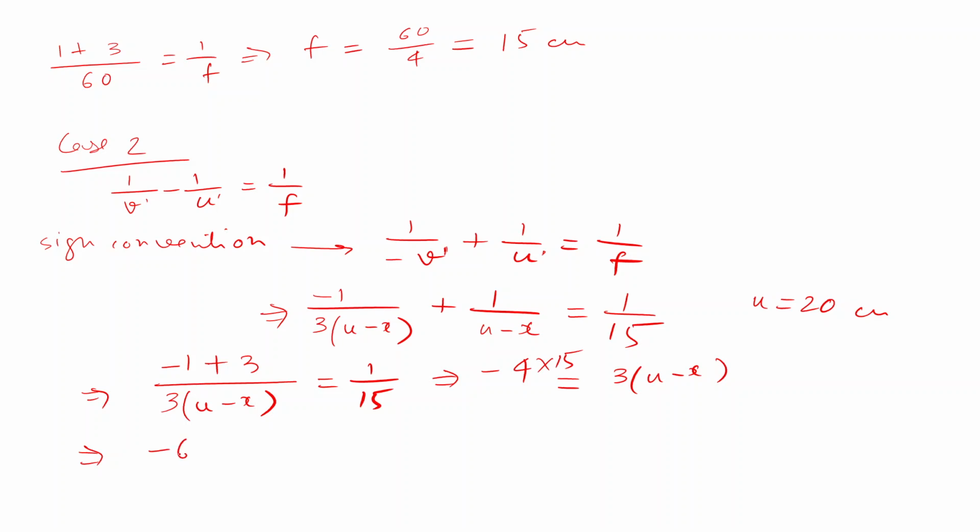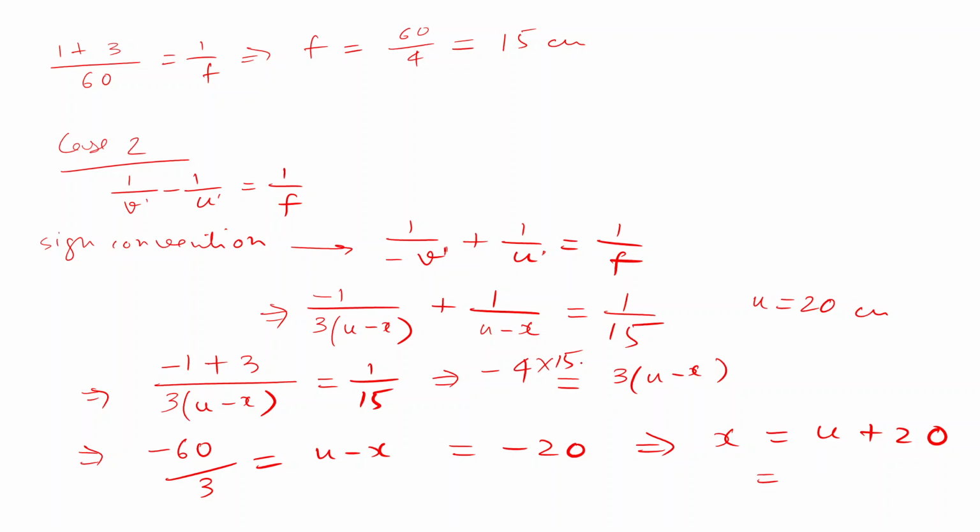This will be minus 60 divided by 3 is equal to U minus x, that means minus 20. It implies that x is U plus 20.